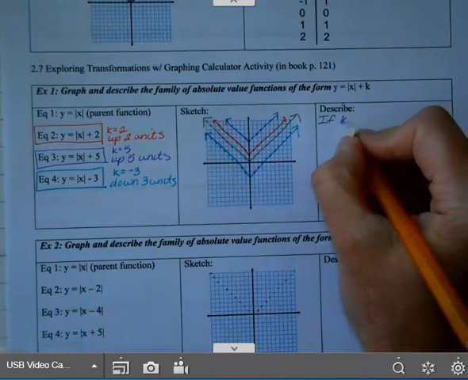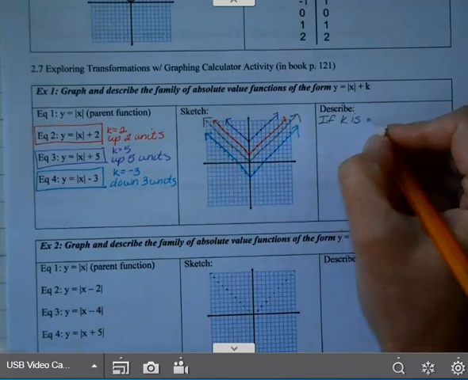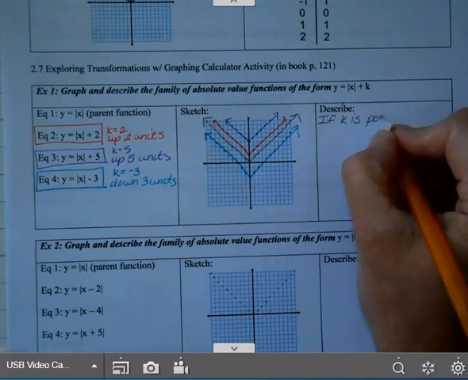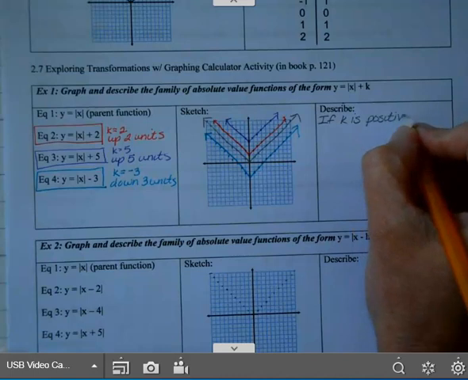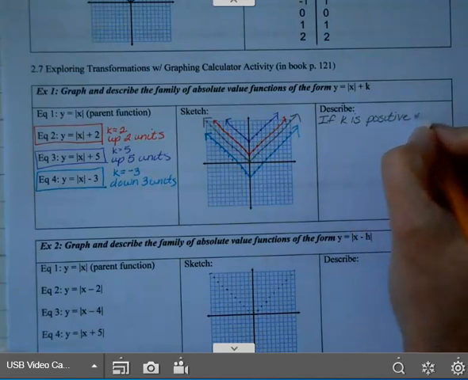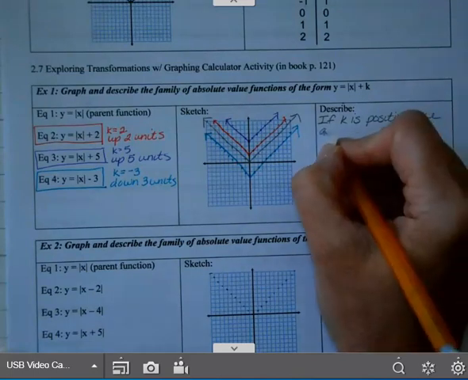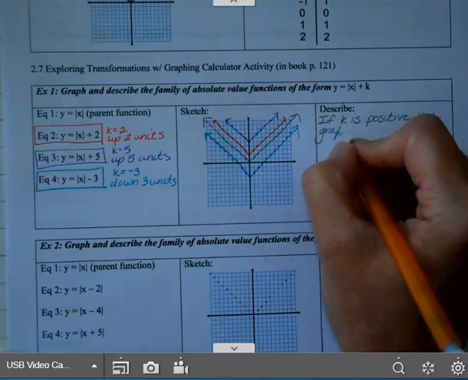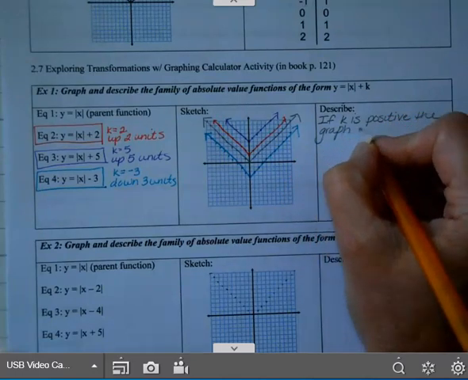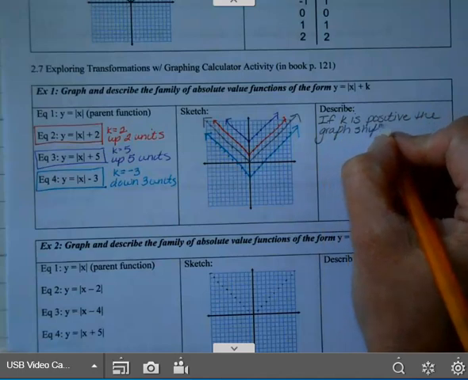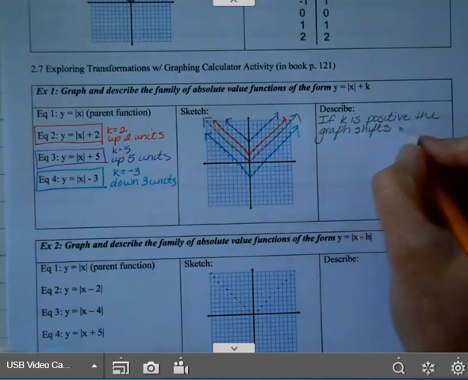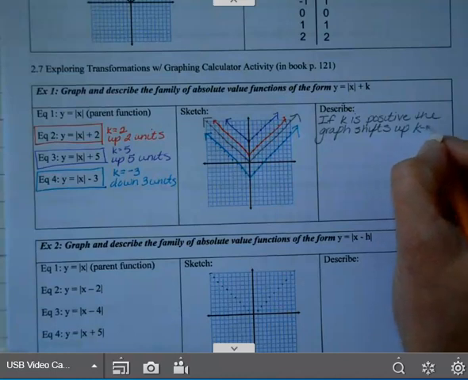So if K is positive, the graph shifts or translates up K units.